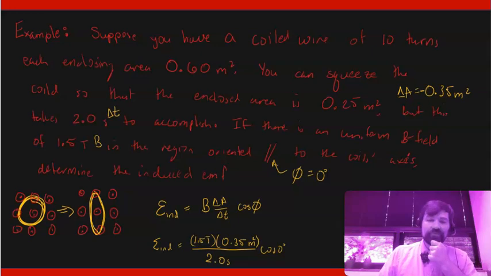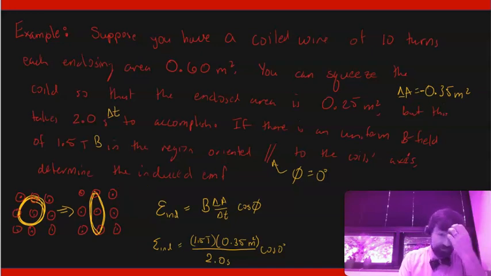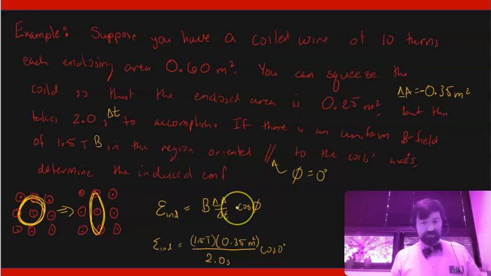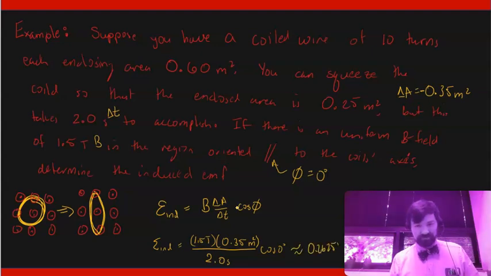So if you multiply all those things together, what you end up getting is, excuse me, I said 24. It's 0.2625. So 0.2625 volts is your induced EMF average.